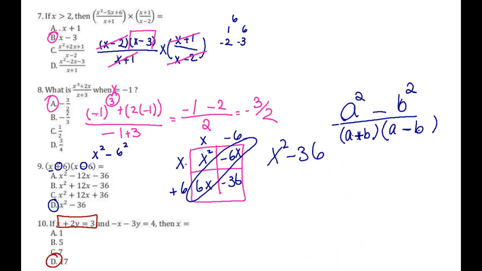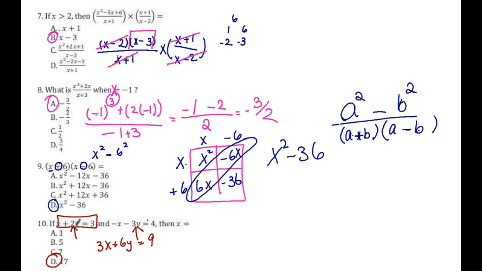Since here y has a 2 in front of it, and here y has a 3, I'm going to multiply the first equation by 3. So I'm going to get 3x plus 6y equals 9. And then I'll multiply this equation by 2.